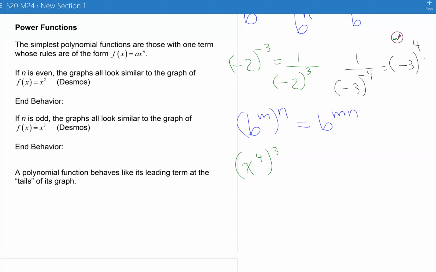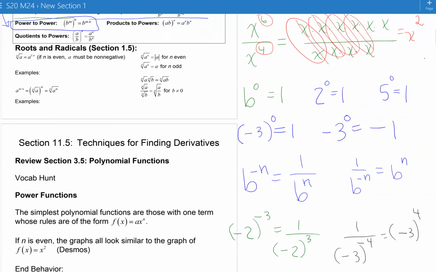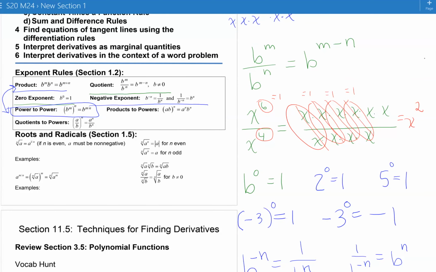If I have x to the 4th cubed, think about the meaning: cubed says multiply that by itself 3 times. Well, now I see that I have 1, 2, 3, 4, 5, 6, 7, 8, 9, 10, 11, 12 copies of x, so I can see how the rule works. So make sure you're really comfortable with this rule.